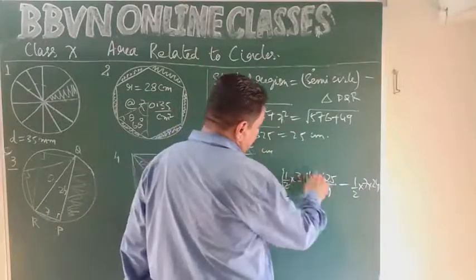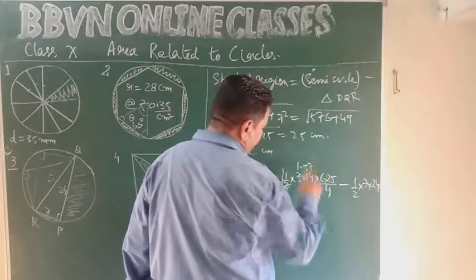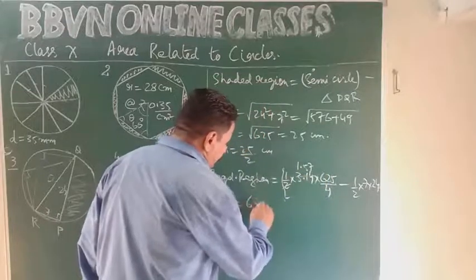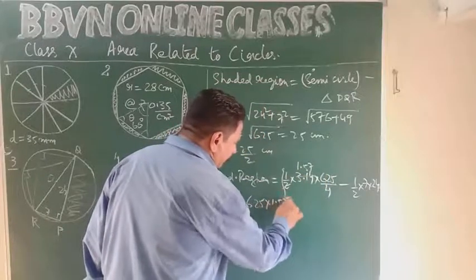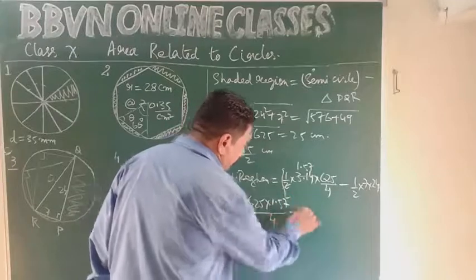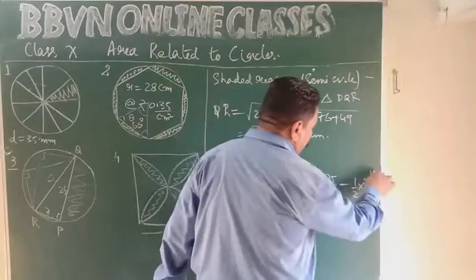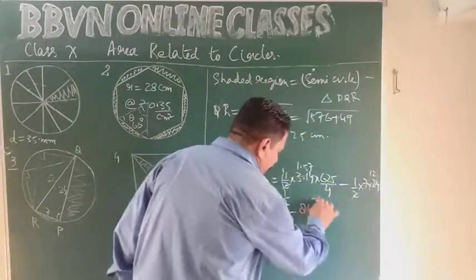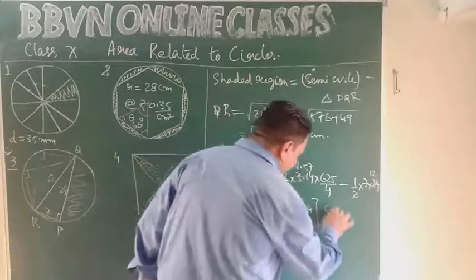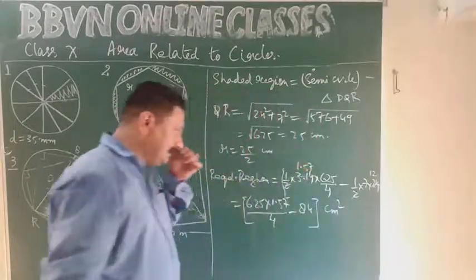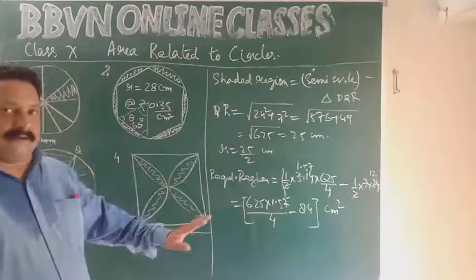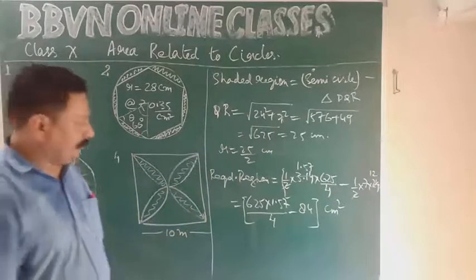Okay, this 2 goes 1.57 times. So we have 625 into 1.57 divided by 4, minus 2 goes 12 times, 84. Calculate it and find the area in centimeter square. This is the area of the shaded region in this particular question.